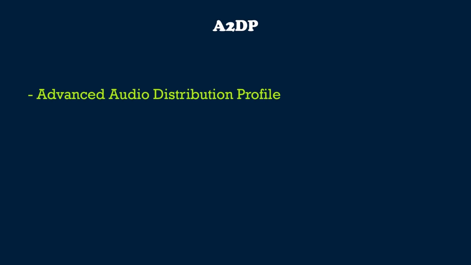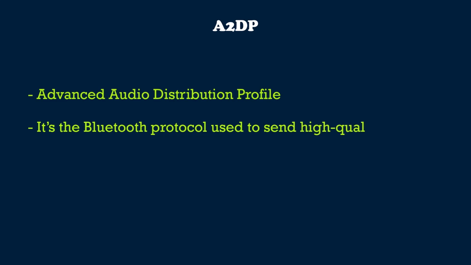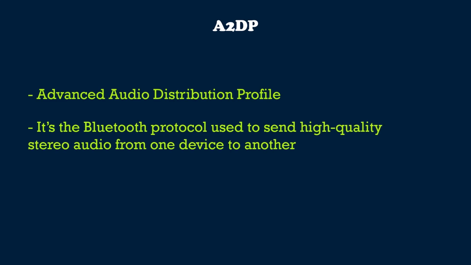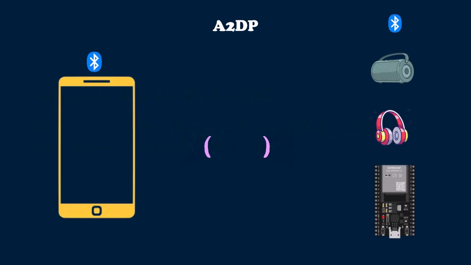First up, A2DP. Okay, so A2DP stands for Advanced Audio Distribution Profile. It's the Bluetooth protocol that's responsible for sending high quality stereo audio from one device to another. So when you stream music from your phone to, say, Bluetooth headphones or a wireless speaker, yeah, that's A2DP doing all the work in the background.